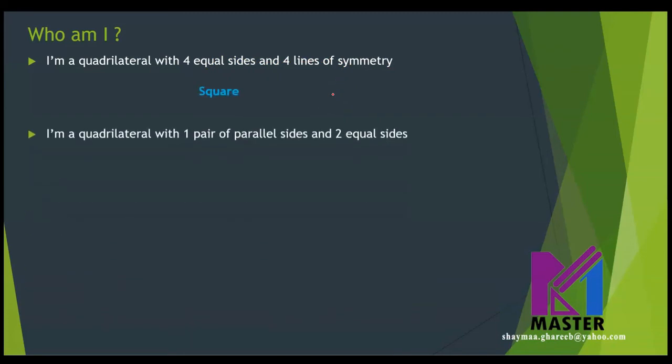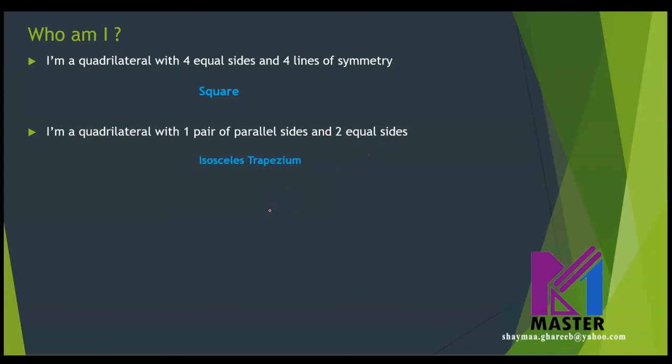Square. I am a quadrilateral with 1 pair of parallel sides. We said if I have a quadrilateral with only 1 pair of parallel sides, I don't need to complete the sentence because it is trapezium. What type of trapeziums? It says 2 equal sides. The only type that has 2 equal sides is an isosceles trapezium.